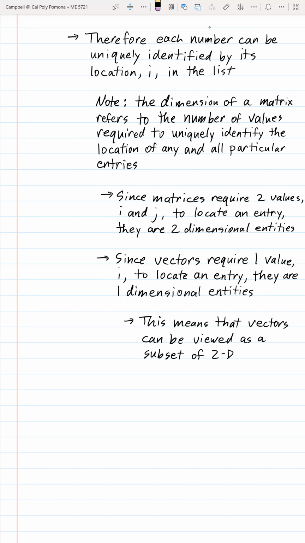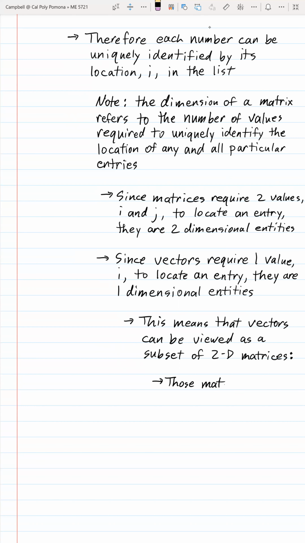Here I'll just say 2D matrices. Which of course are those two-dimensional matrices, or those matrices. So I shouldn't say two-dimensional.